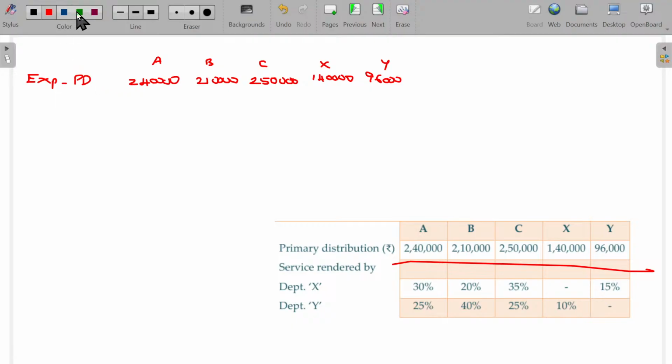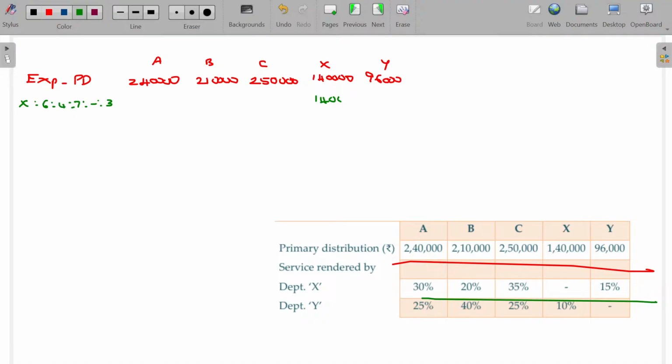Now, department X to the other departments, 6:4:7 dash. X to the other department 30:20:35:15, otherwise 6:4:7:3.